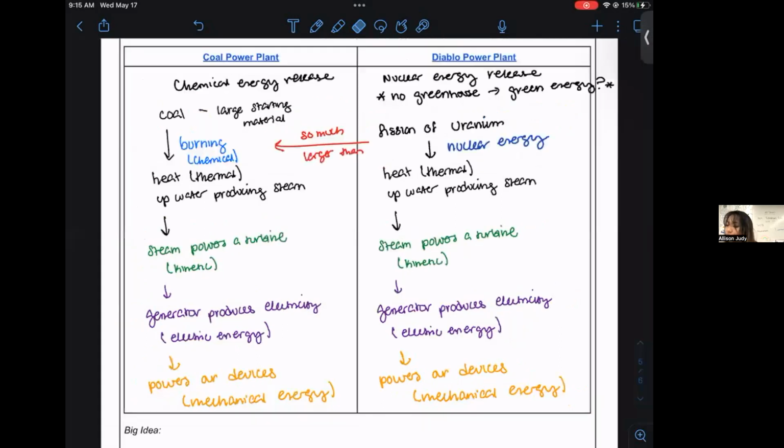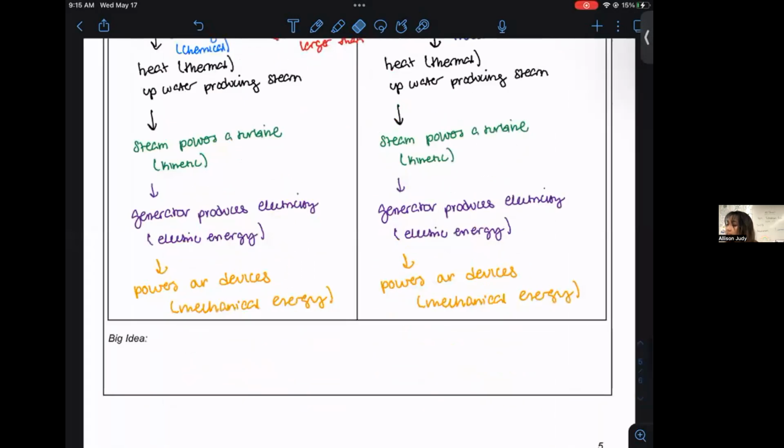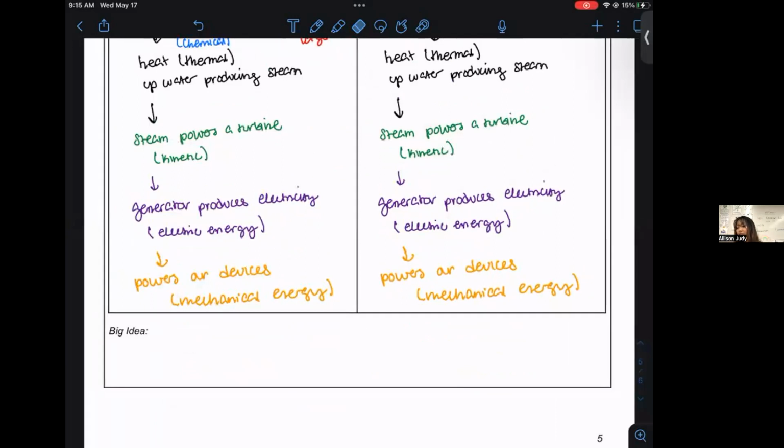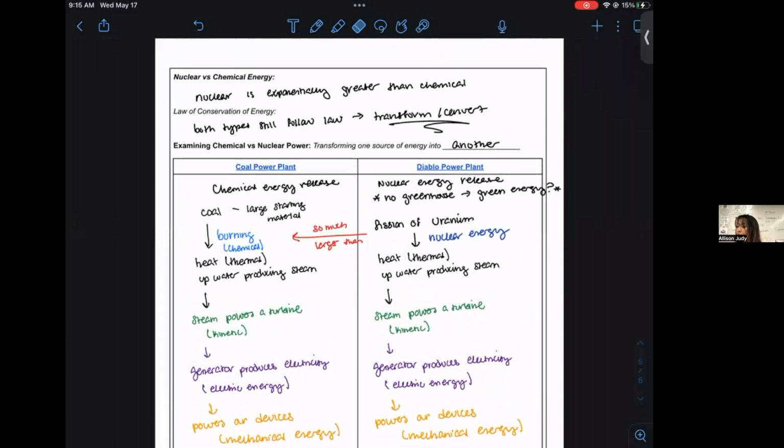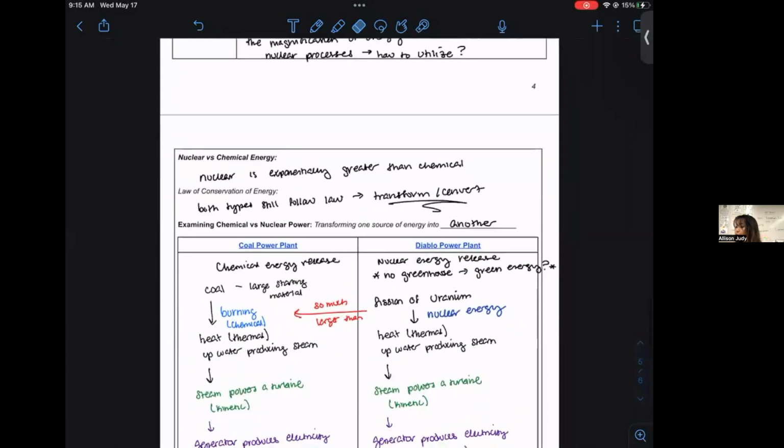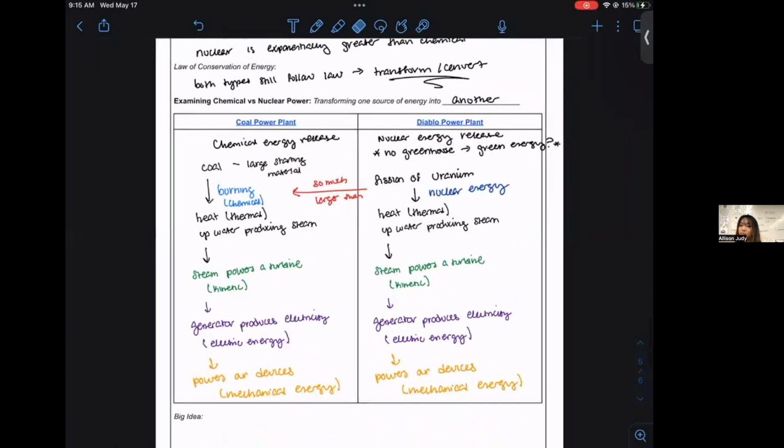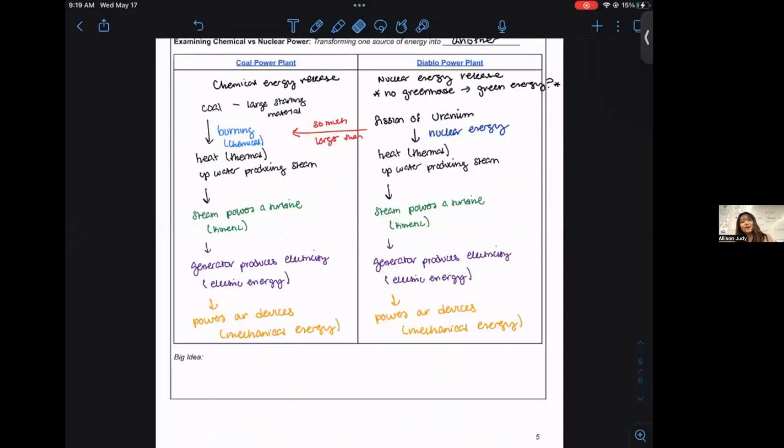All right. So, big idea. What would you guys say is the big idea? Go ahead and write down your summary statement of the big idea about nuclear energy transformations and nuclear processes. So I would say the big idea from this is, one, nuclear processes or nuclear reactions produce way larger scale of energy.